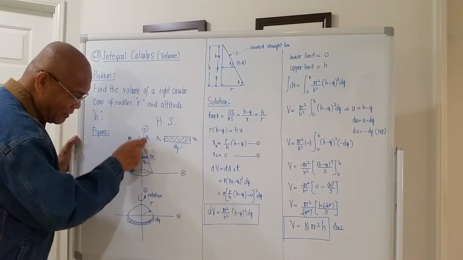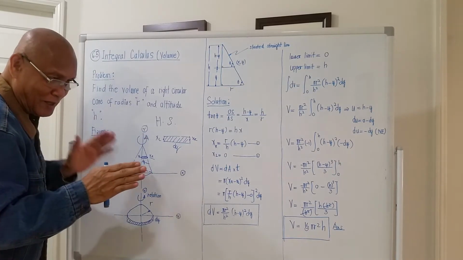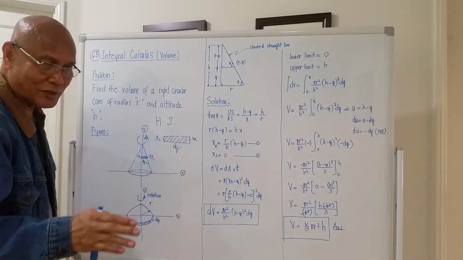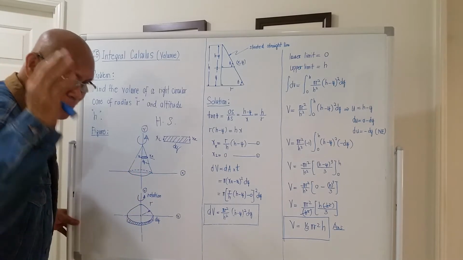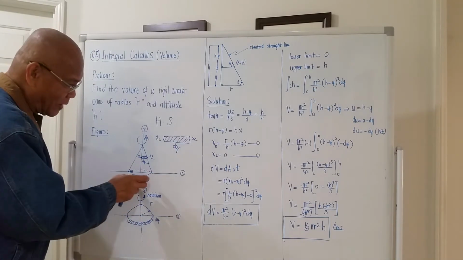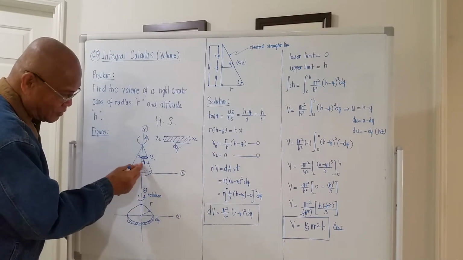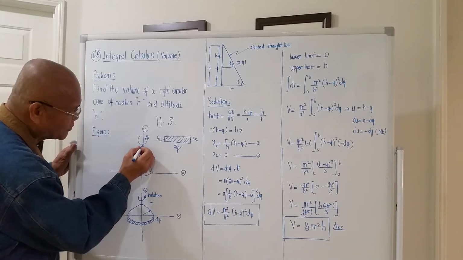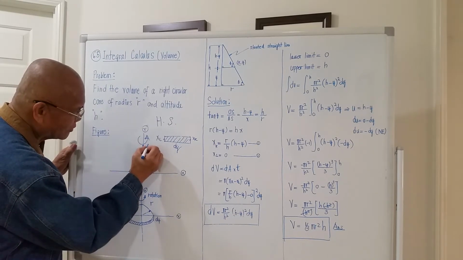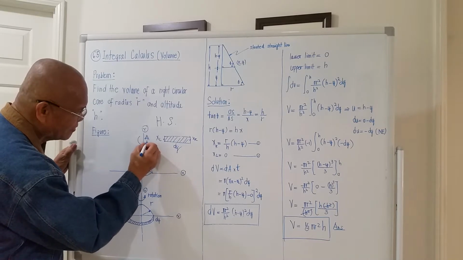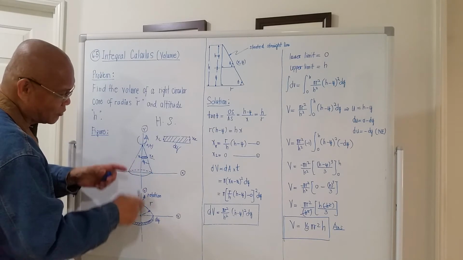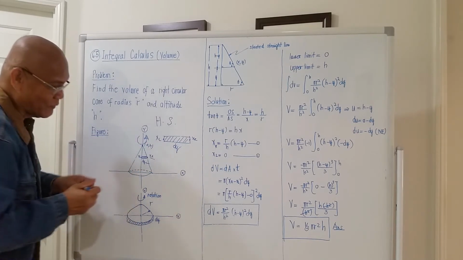So actually, we could not use a straightforward solution here. We must use integration to compute the total volume of the right circular cone as this dy moves from 0 to h. This point here should have the coordinates 0 and h. This is h, and x at this point is actually 0, so this is (0, h).